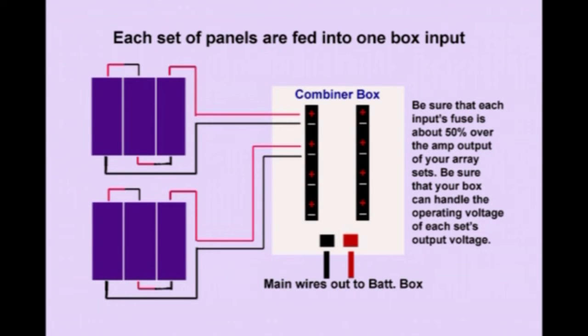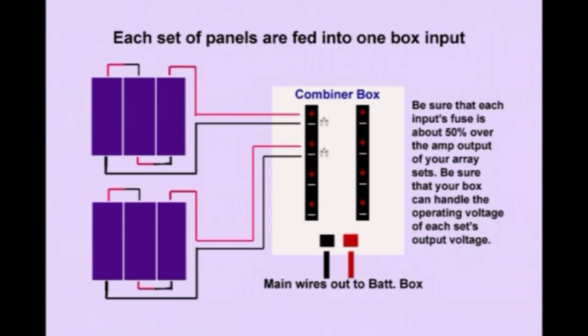So say you've designed your system for a certain voltage and you have 3 panels in a row in series and multiple sets of those. Well, you can take the plus and minus out on those and put them into the combiner box's plus and minus rail inputs. They're screw heads for the wires normally. Now, each one of these lines will have a fuse or maybe a circuit breaker, and you have to be sure that the current output of each of your array sets is correct for the fuse or circuit breaker that's in there.